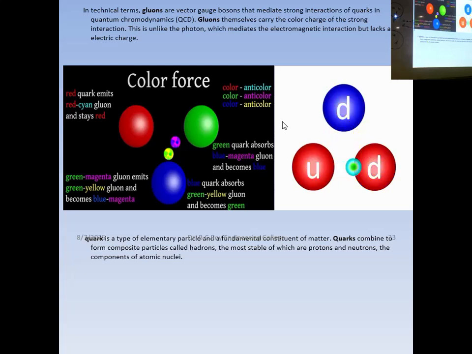Green quark absorbs blue magenta gluon and becomes blue. Blue quark absorbs green yellow gluon and becomes green. As it is shown here, that type of gluon particle exchange is happening, and you are getting one particle converted to another particle.